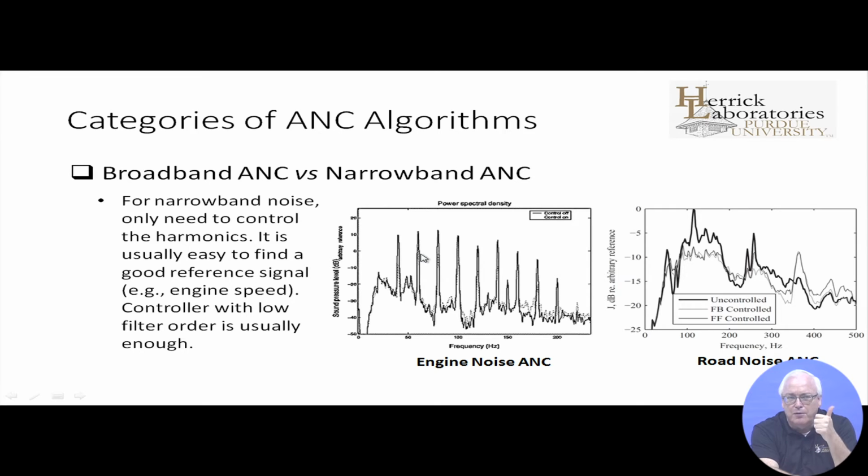You know what its frequency is, you know what the harmonic structure is, you know what the phase is, and so it's very easy to generate, well, very easy. It's easy to generate a signal that can cancel these things. Whereas with a purely random signal, you know almost nothing about the signal other than its statistical properties.